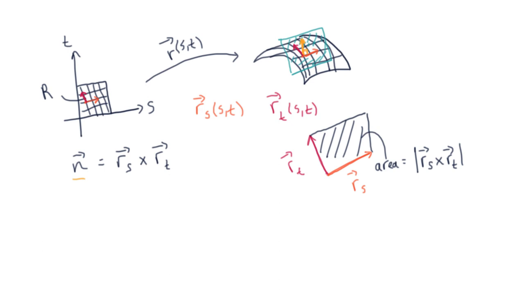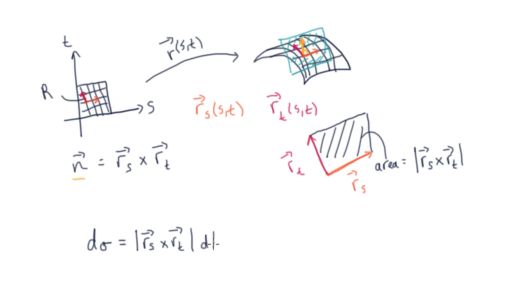And so I can actually just define what I mean by a surface element, d sigma. So what I'm going to do is take the area of the parallelogram in the tangent plane, and then multiply it by a small change in s and a small change in t.